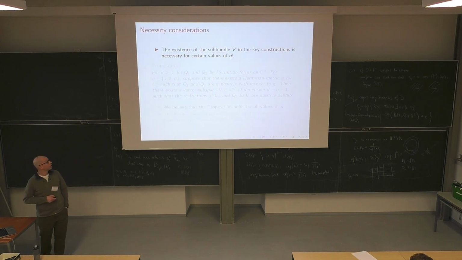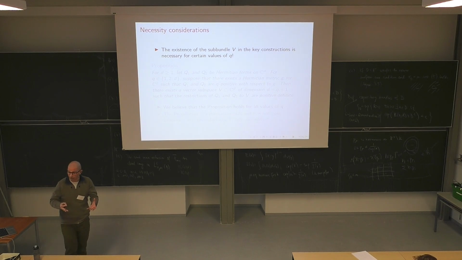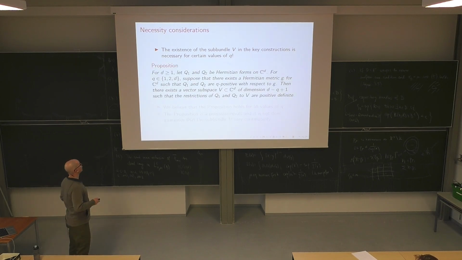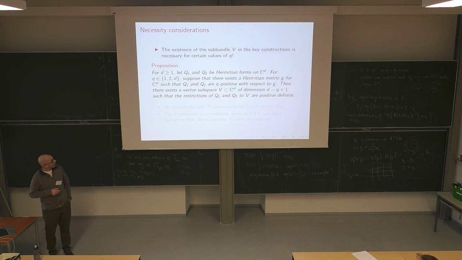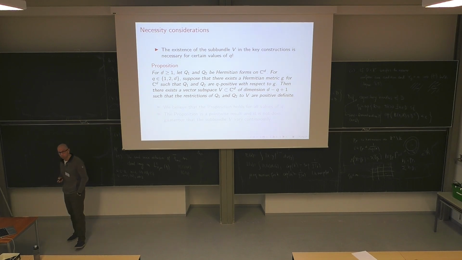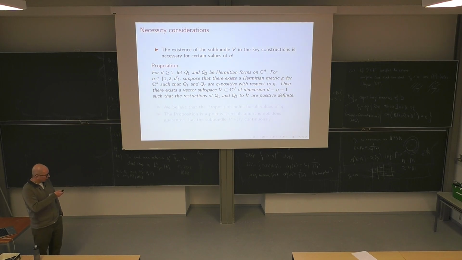Okay. Now that subbundle V that I said we have to have, some kind of hypothesis. Well, we actually show if q is 1, 2, or d, and we have a Hermitian metric such that Q_1 and Q_2 are q-positive, then there is a subspace V of dimension d minus q plus 1 so that the restrictions of Q_1 and Q_2 to V are positive definite.